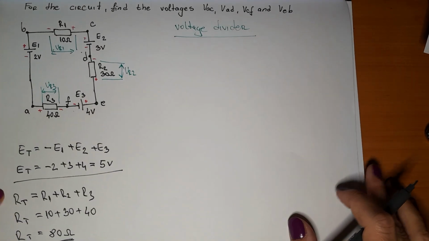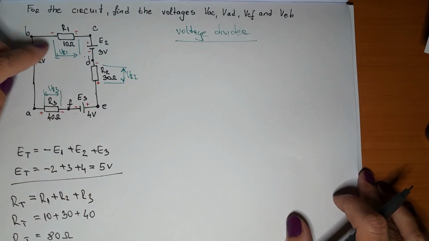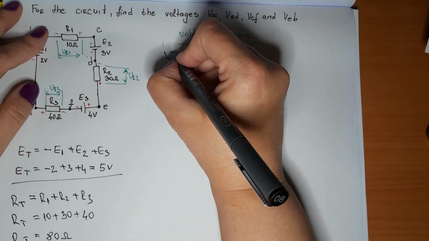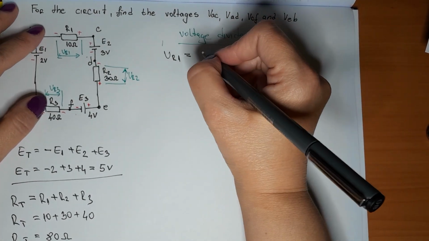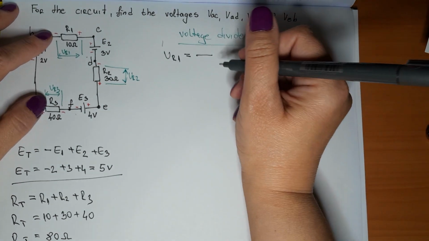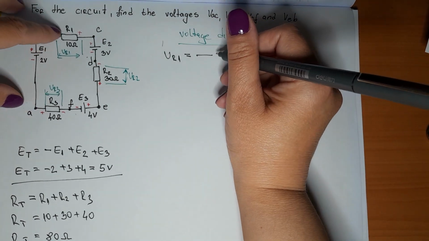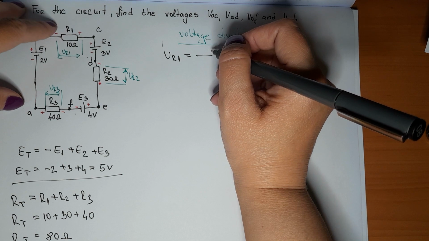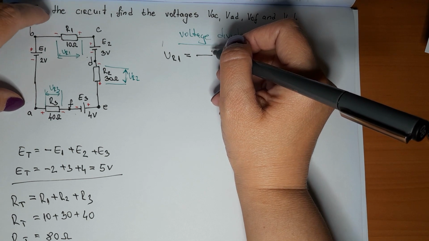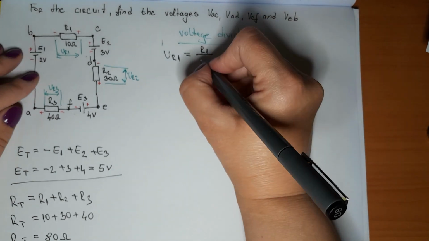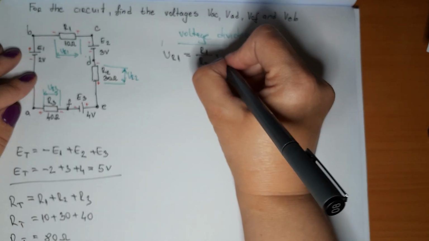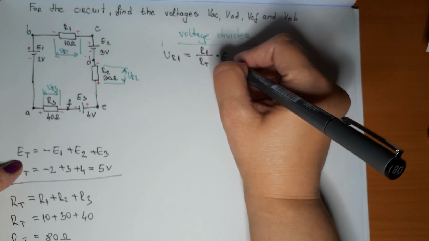So let's go to voltage divider to find VR1. So VR1, we use the divider, and then we say, here goes the resistance that we are looking for the voltage drop, so it will be R1, then R total, and we will multiply with ET here.